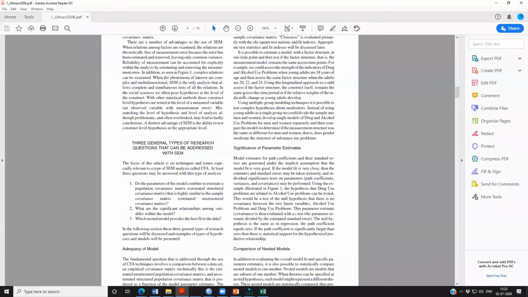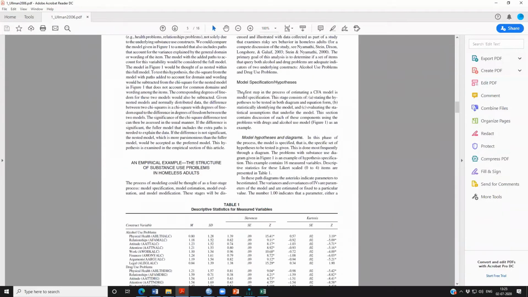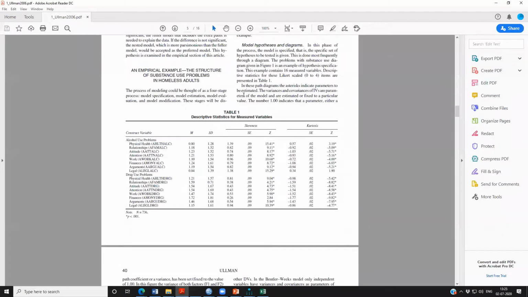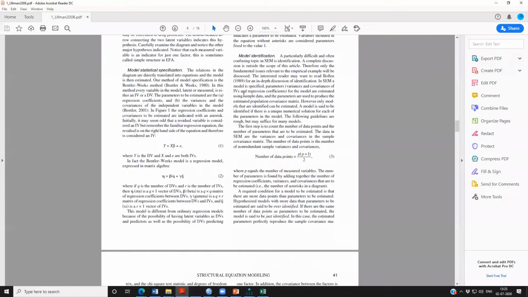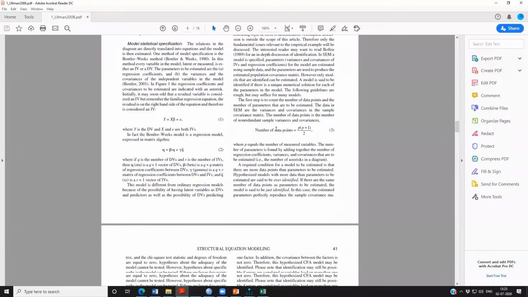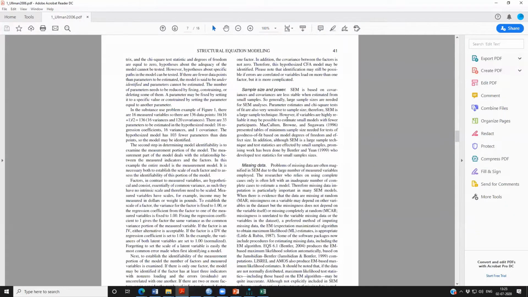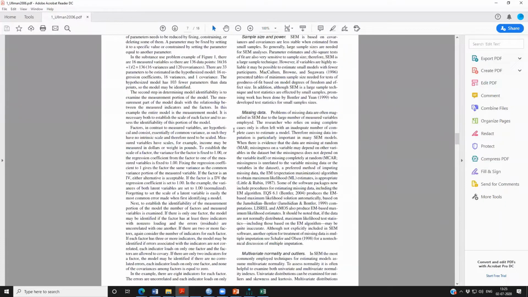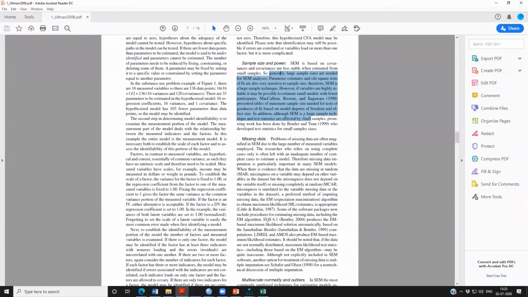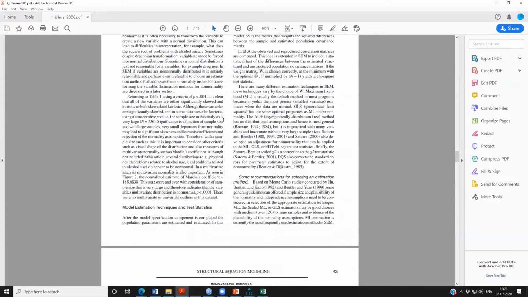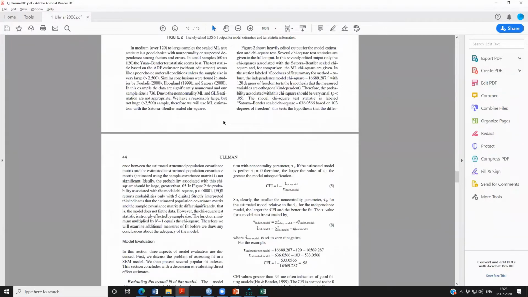If you are interested, you can go through it. Model identification, you see it gives you these formulas, P plus 1 and so on. Sample size also, it gives us some data on that. So it is just a background paper.